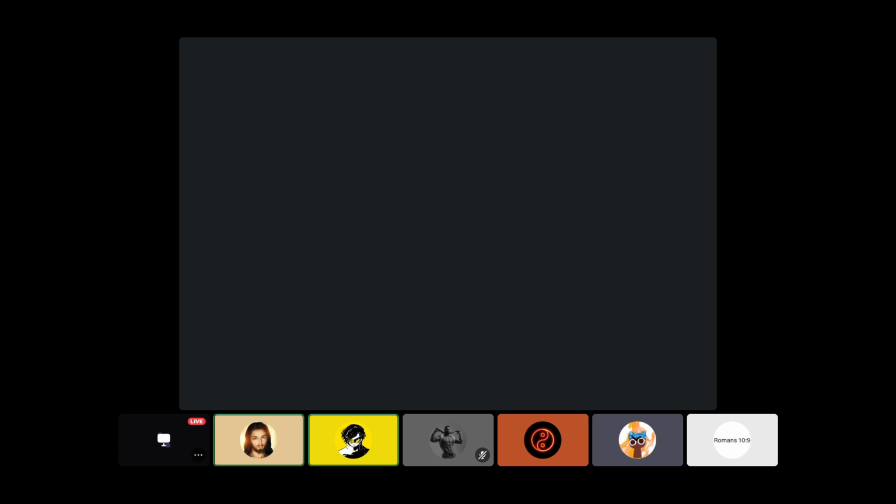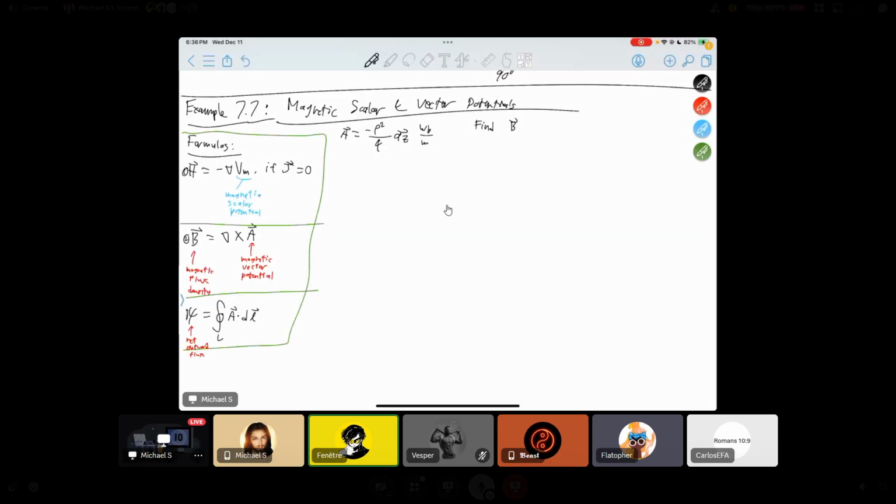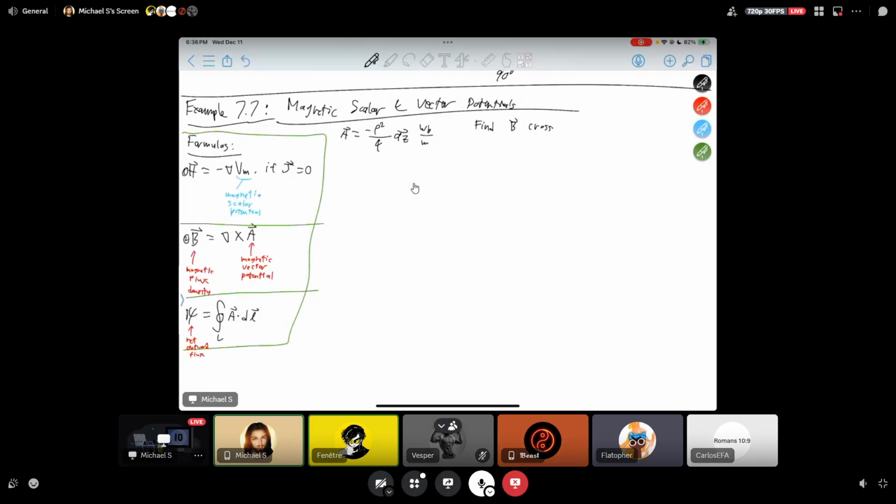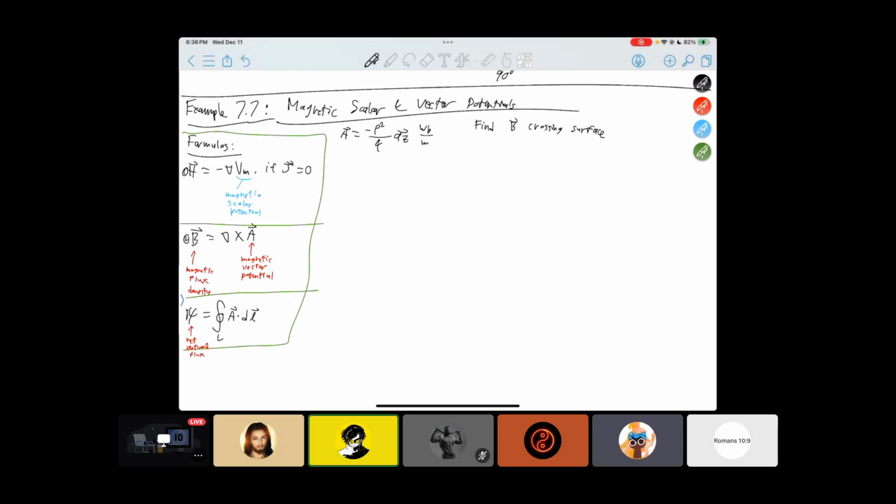Total magnetic flux crossing the surface. And the surface is enclosed by phi equaling pi over 2. I wonder how they got that. It's given to you.